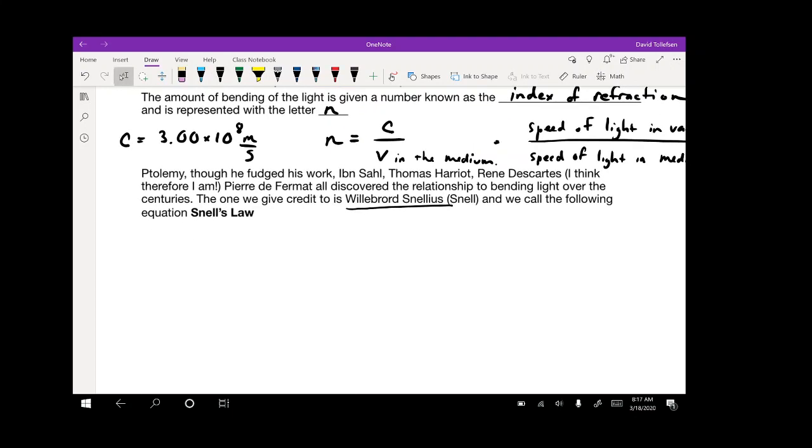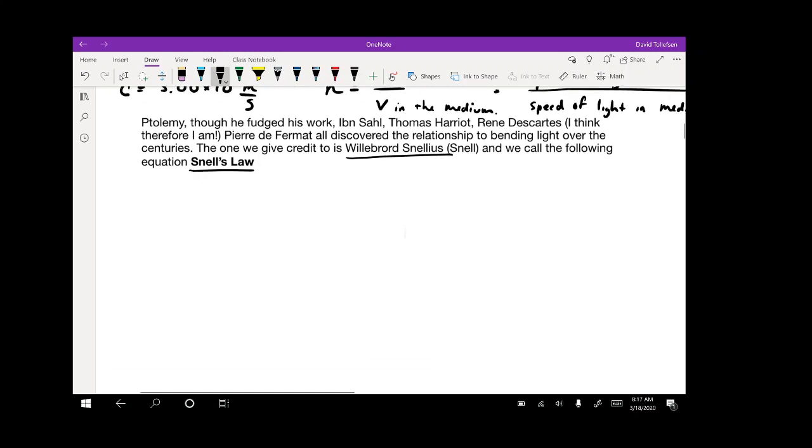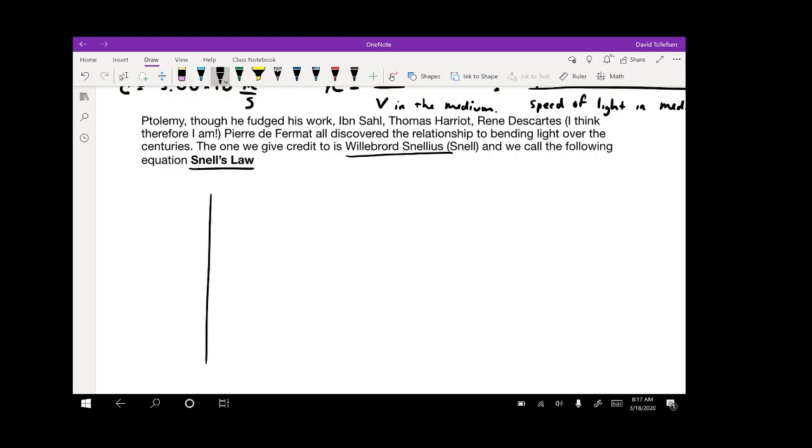He came up with what we now call Snell's law. And Snell's law, to give you a picture, if we have a light ray coming in, it has some angle, theta 1. It's going to bend in because n2 and n1 are our substances' index of refraction.